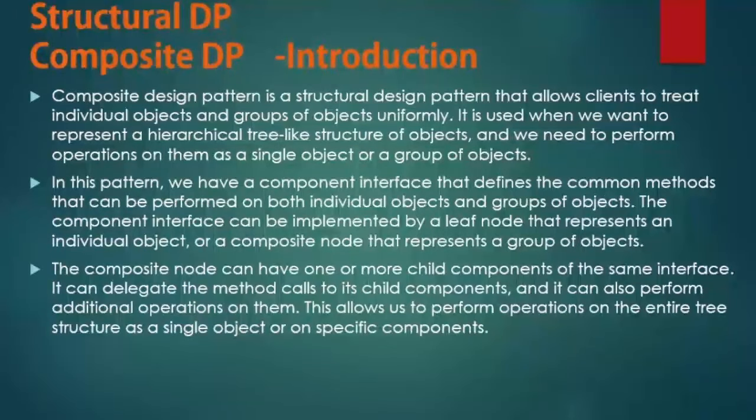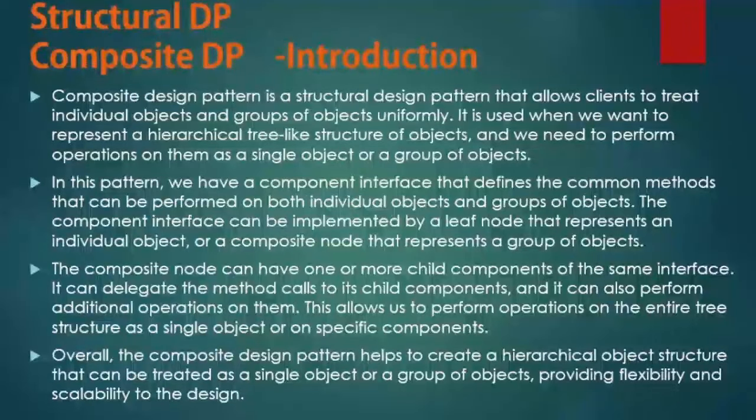The composite node can have one or more child components of the same interface. It can delegate the same call to its child components, and it can also perform additional operations on them. This allows us to perform operations on the entire tree structure as a single object or on specific components.